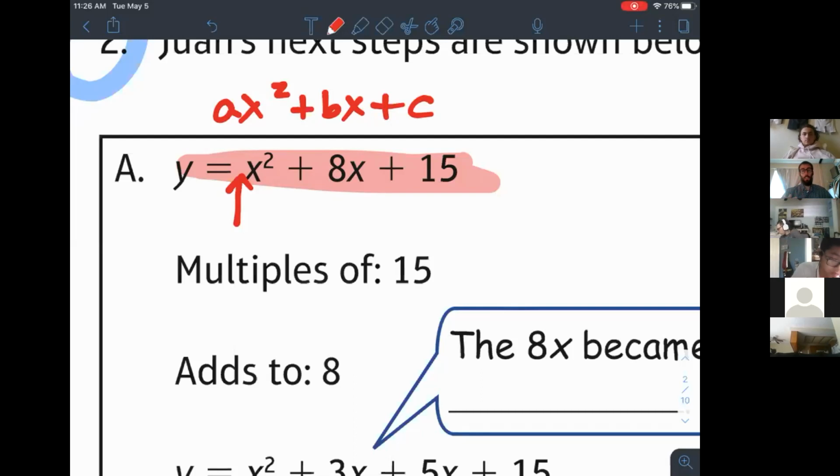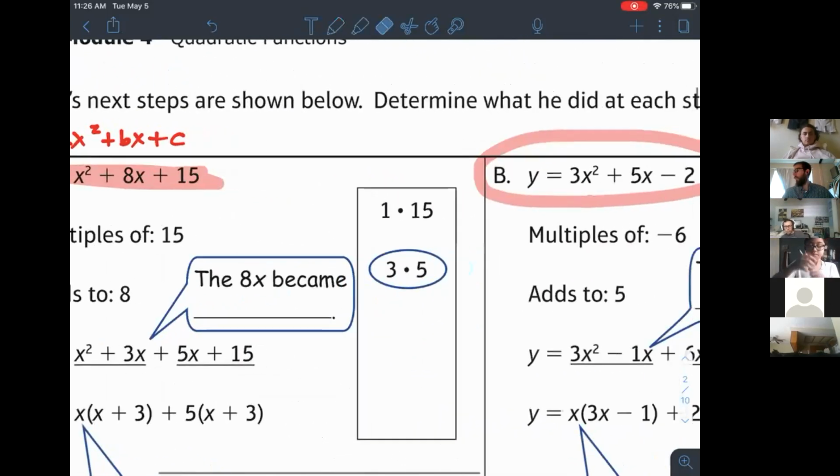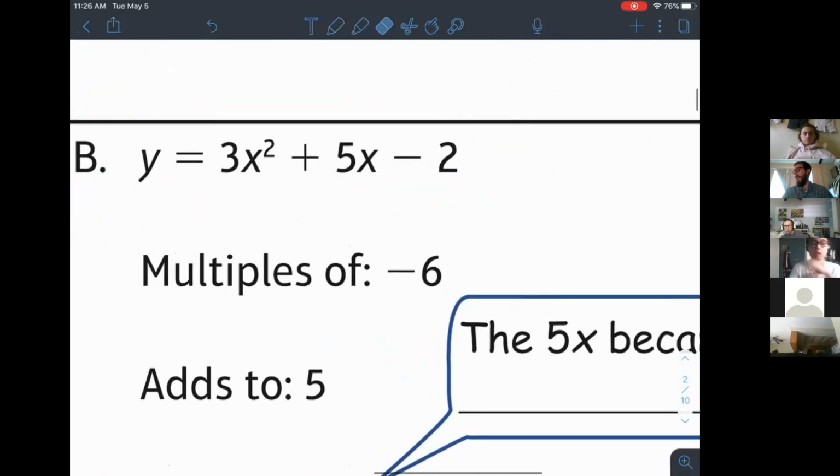And that's all that we've done thus far. Now, the difference here in the one to the right is that our A value, our leading number, is not a 1. So I've been stressing this whole entire time that when we do these X charts, we do first times last, factors that add up to middle. And I've been doing it specifically for when we run into issues like part B here.